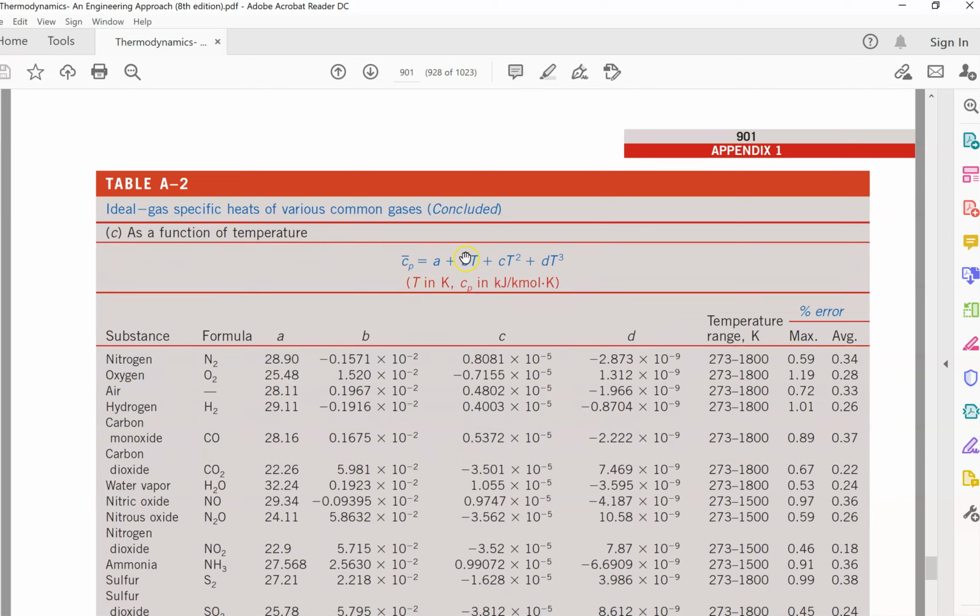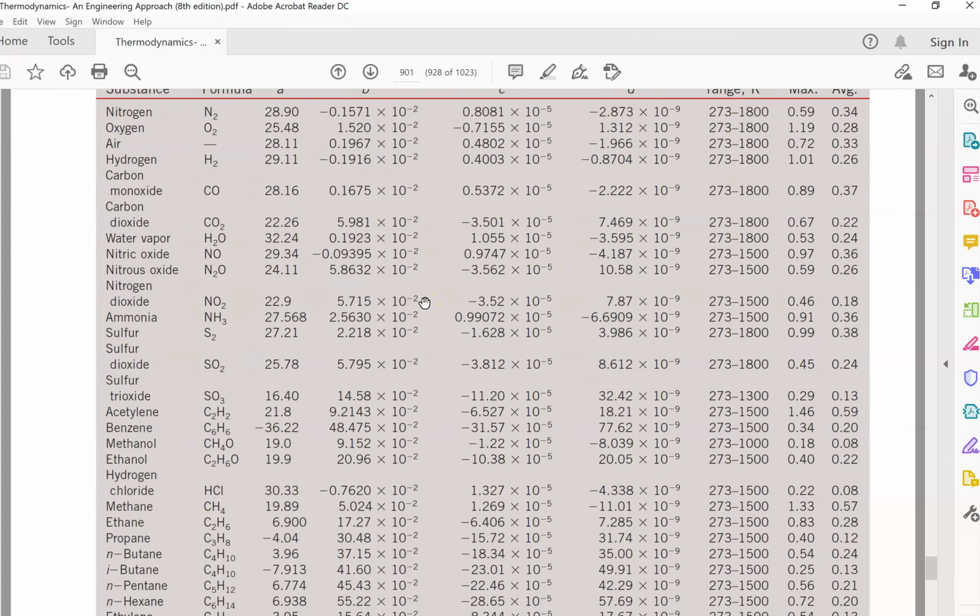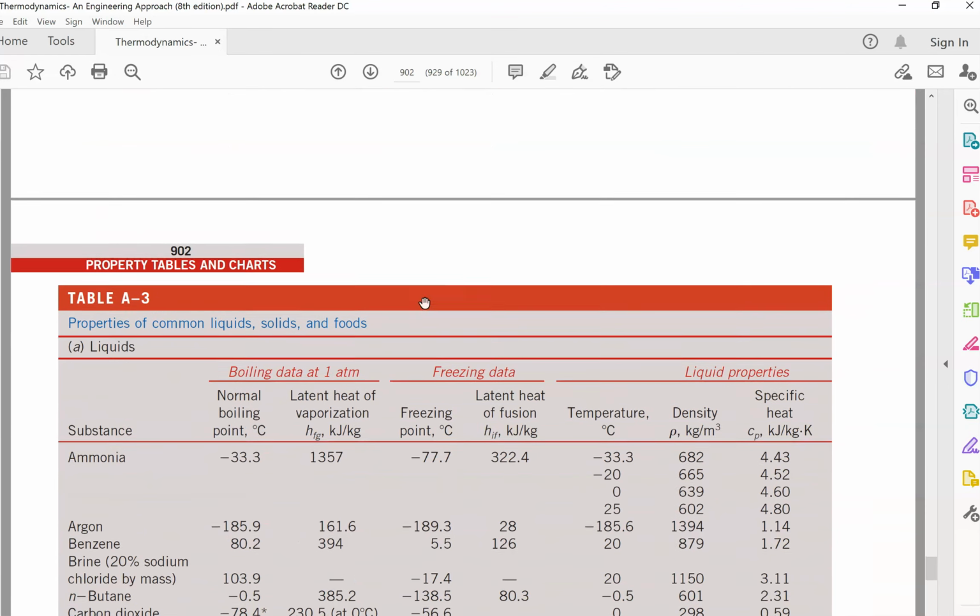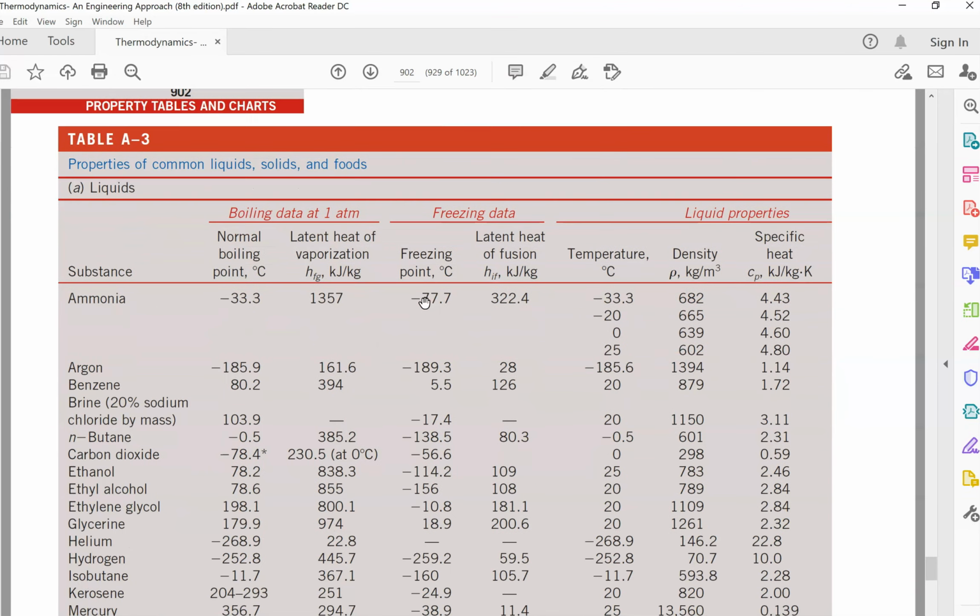Cp with a cap is a plus bT plus cT squared plus dT cubed. You just have to plug in all the values into the equation. This value is per kilomole, so you need to multiply by the moles and you get the value of your Cp. Next we'll be moving on to table A3.